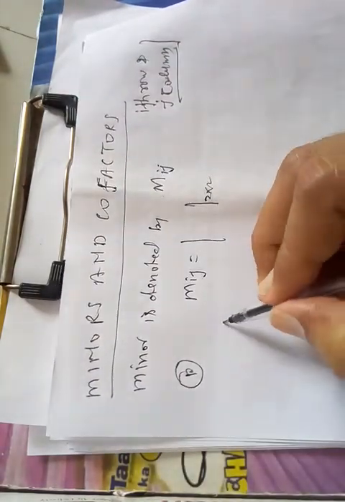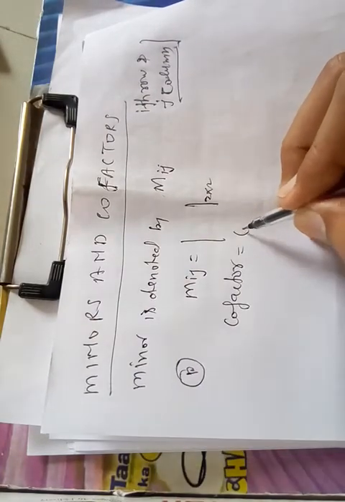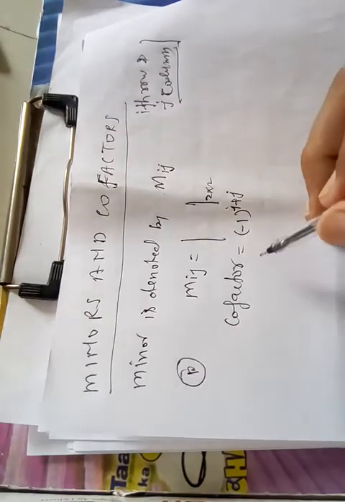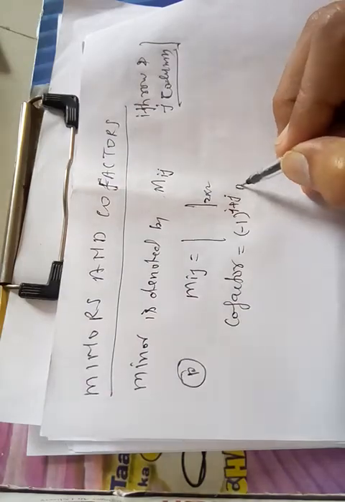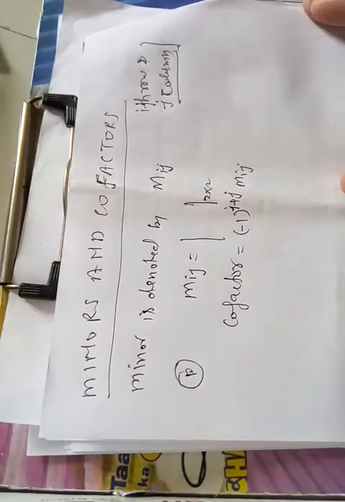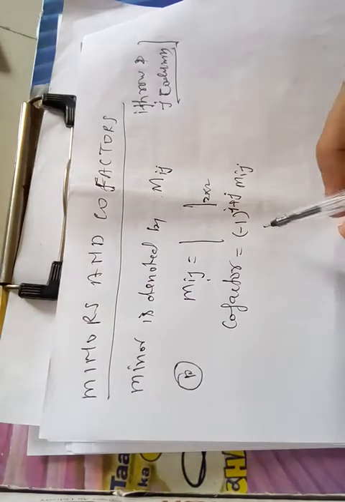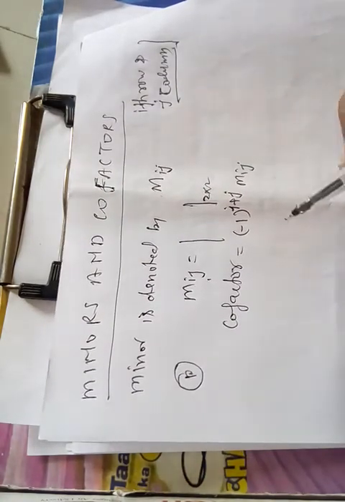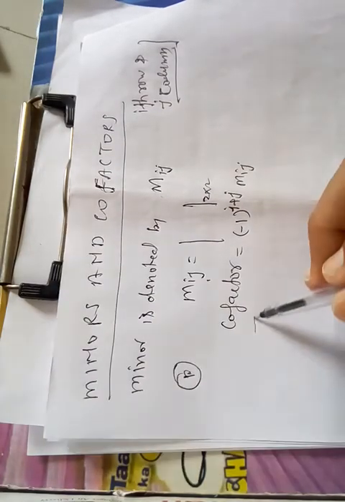And the cofactor is minus 1 raised to i plus j into M_ij. So firstly find the minor, and the product of the minor and minus 1 raised to i plus j is called a cofactor.